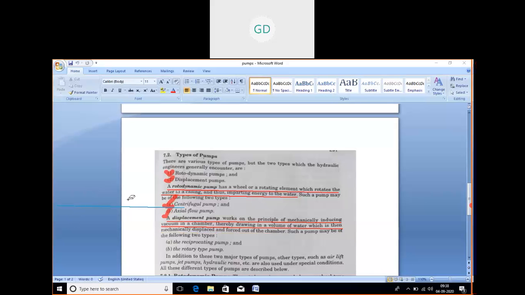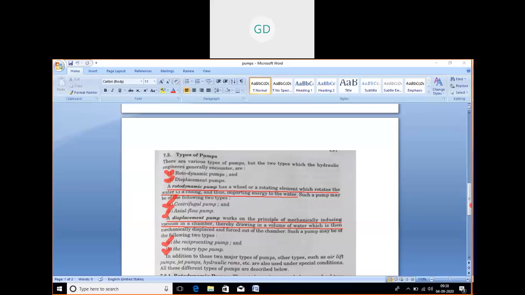So what are its types? It has two types. One is the reciprocating pump, and the other one is the rotary type pump. If you remember these types, then it's fine.